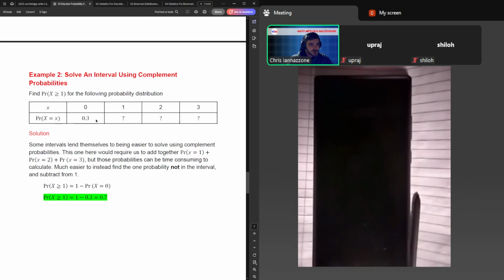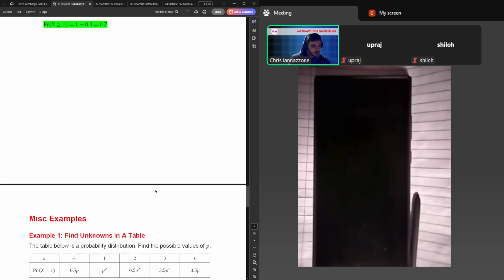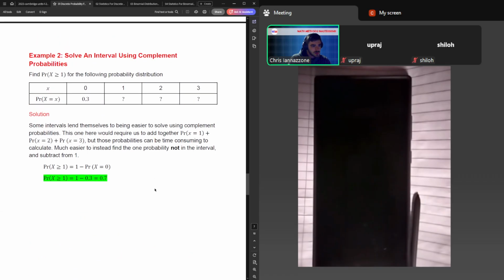So what I could do instead is I know this one, this x equals 0 is 0.3, and I know that if everything in here has to add up to 1, then if I subtract 0.3 from 1, I should get whatever all this adds up to, which is why you get your 0.7. Any questions on that?